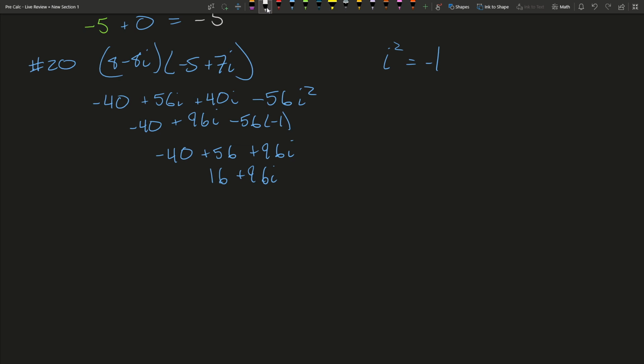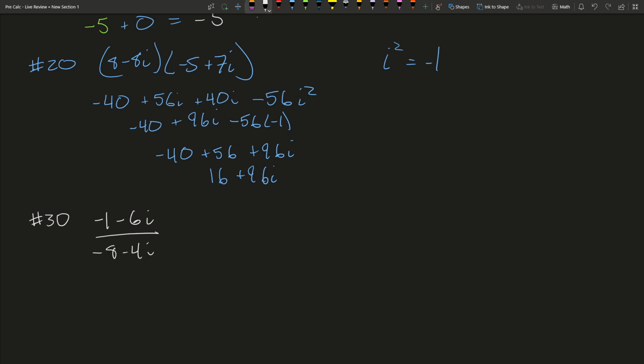The same holds true for rationalizing fractions. So number 30, which is probably a little bit longer, says to rationalize negative 1 minus 6i over negative 8 minus 4i.